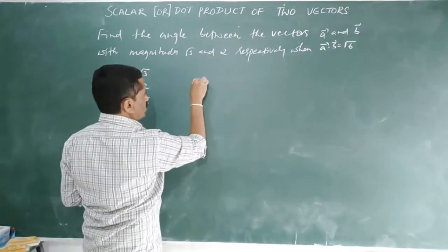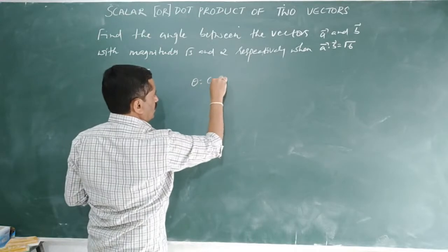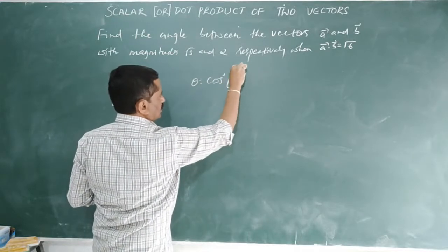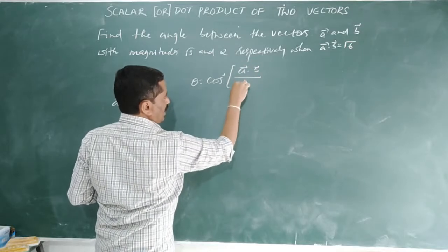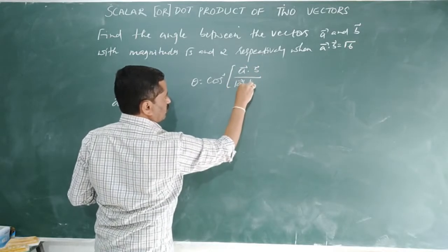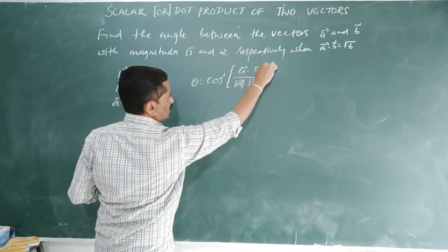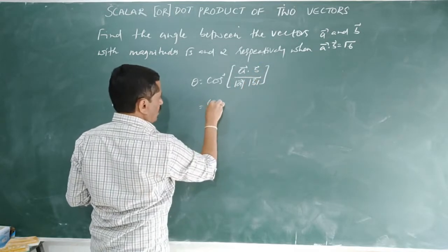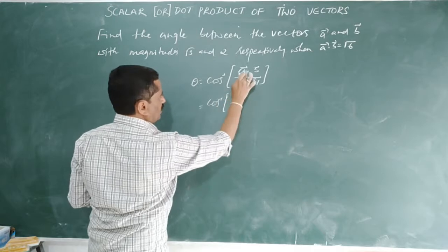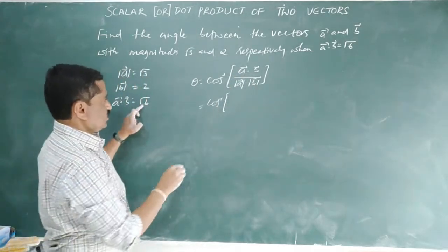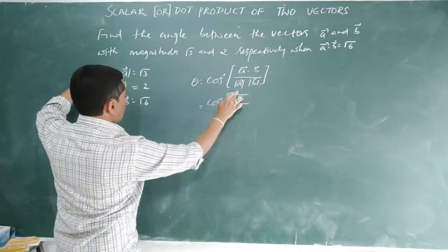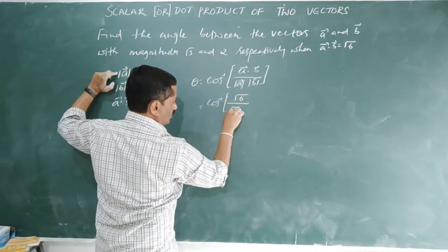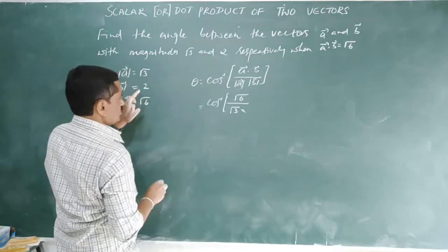Therefore theta is equal to cos inverse of a bar dot b bar divided by magnitude of a bar into magnitude of b bar. That is equal to cos inverse of root 6 divided by root 3 into 2.